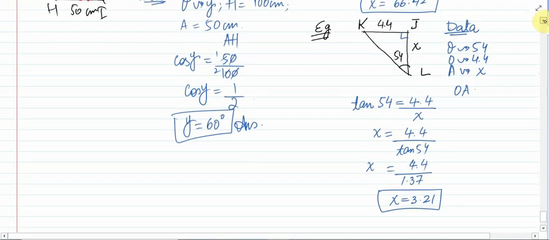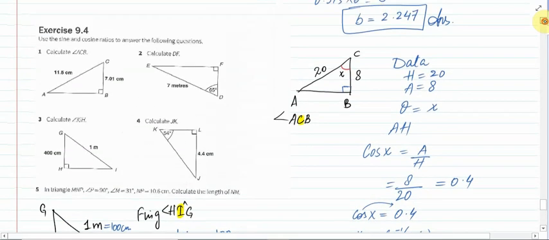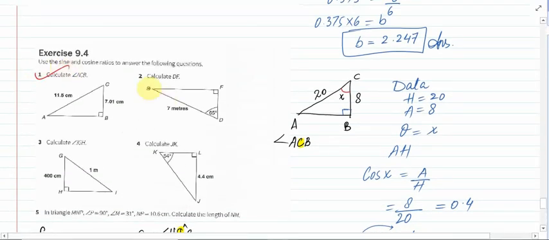So what you guys need to do, you need to attempt all these questions, right? I had given you homework regarding exercise 9.2, 9.3 and 9.4. Don't count the number of questions, whether there are 15 or 20 questions. If there are 20 questions, you will take hardly 30 to 40 minutes, because they are very simple questions.